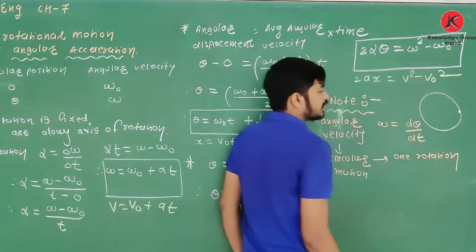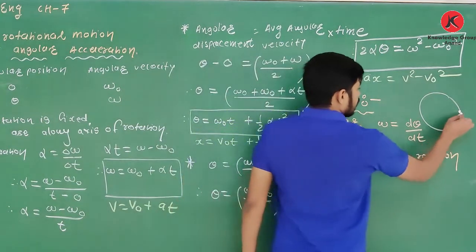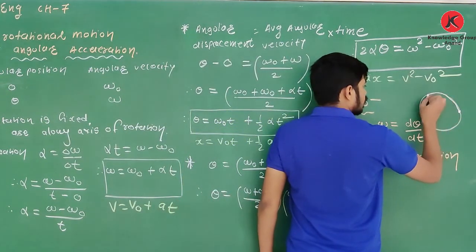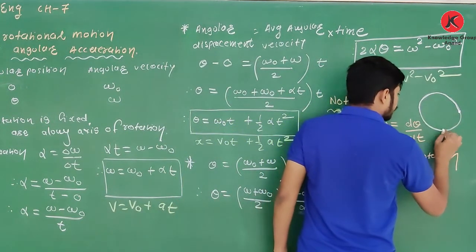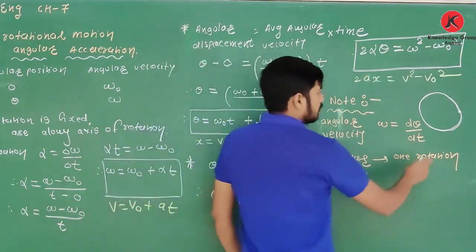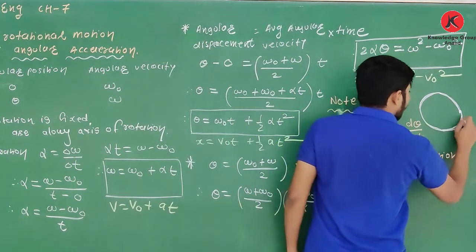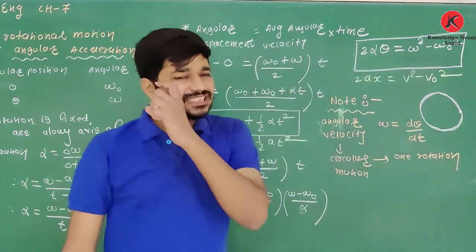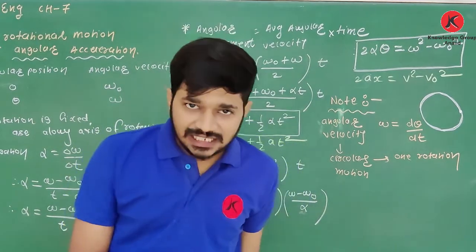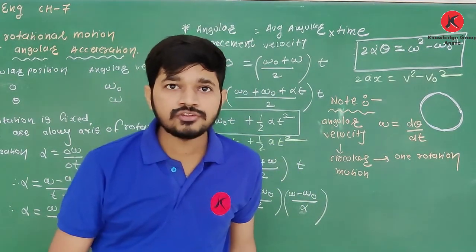If the particle is starting from this point, it means the angle is 0. Now 90, 180, 270, and here it is 360. Or in terms of radian, here it is 0, pi by 2, pi, 3 pi by 2, and 2 pi. So what is the change in position? Initial position is 0, final position is 2 pi. So 2 pi minus 0 is equal to 2 pi.